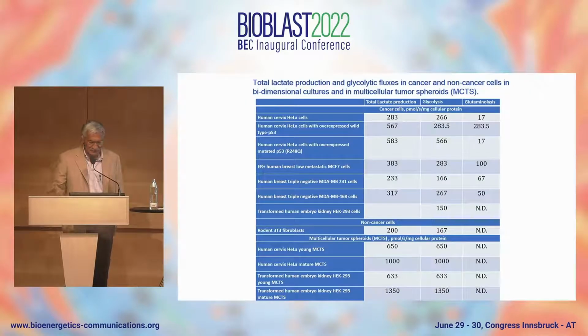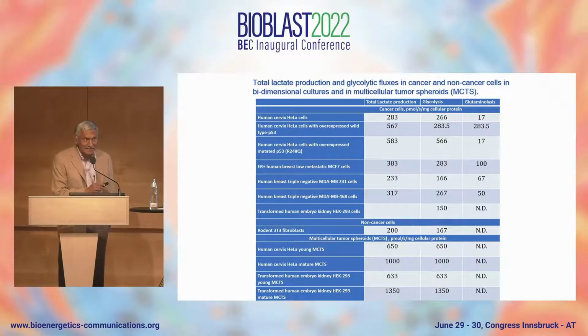This is just a small sample. The first lane is with HeLa cells. You probably don't know if you are not in the field, HeLa cells don't have p53 transcriptional factor. It's a very important transcriptional factor, controls gene expression of many different processes.